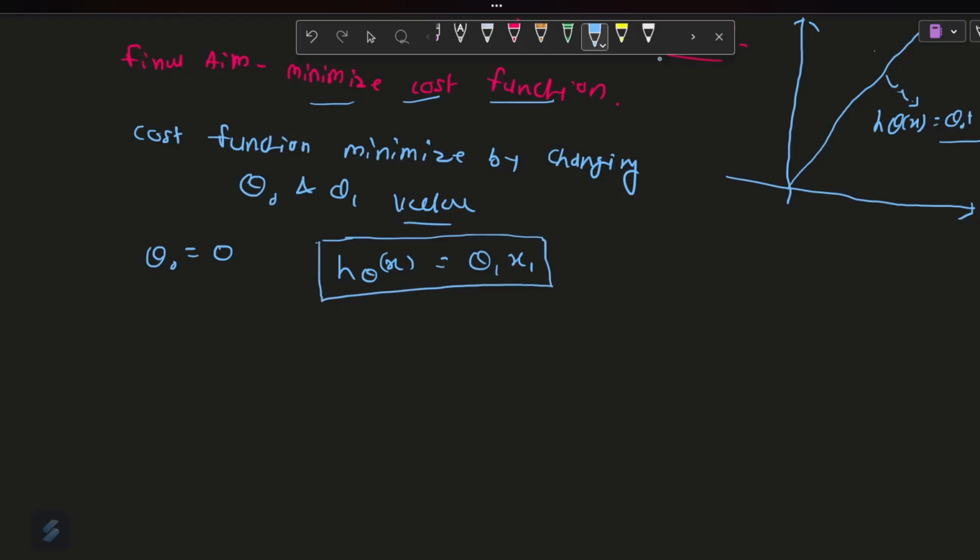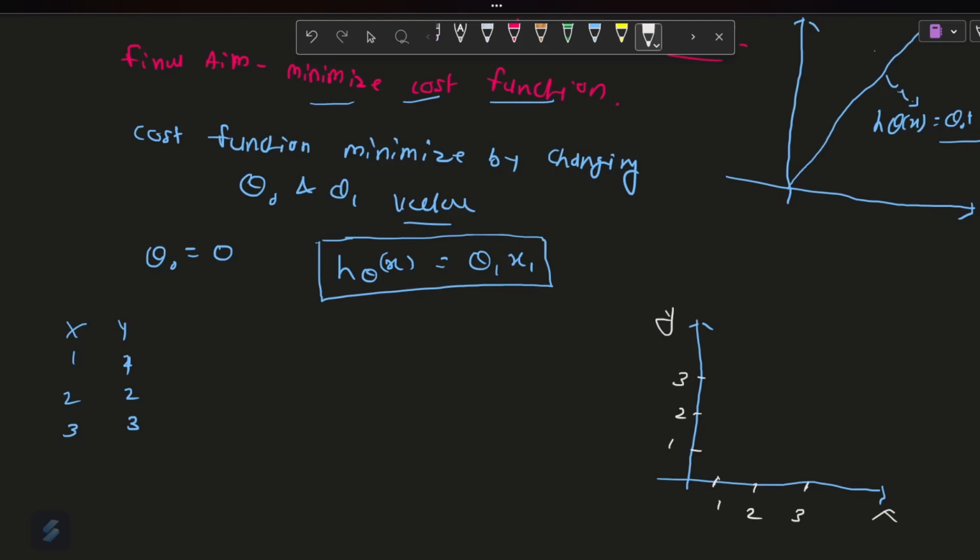We have a data set, considering x and y: 1, 1; 2, 2; 3, 3. We draw the line something like that. We have data points 1, 2, and 3 on x, and similarly 1, 2, and 3 on y. When x is 1, y is 1; when x is 2, the point is here; when x is 3, the point is here. This line passes through them.